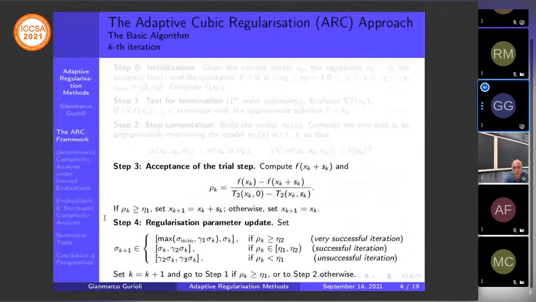If rho k is not smaller than the prescribed decrease fraction eta 1, then the trial point is accepted, the iteration is declared successful, the regularization parameter is decreased, and we skip to the test for termination. Otherwise, the trial point is rejected, the iteration is declared unsuccessful, and the regularization parameter is increased to try fulfilling the overestimation property at the next iteration.